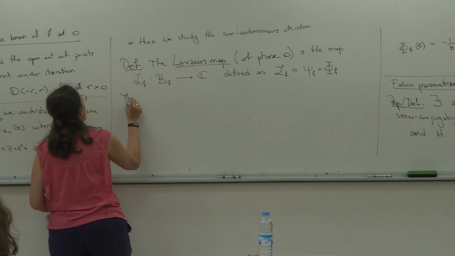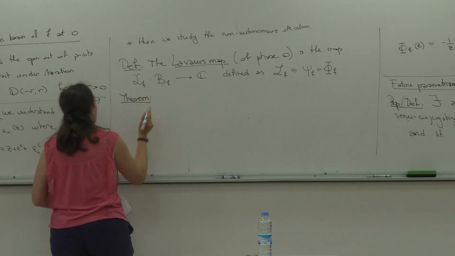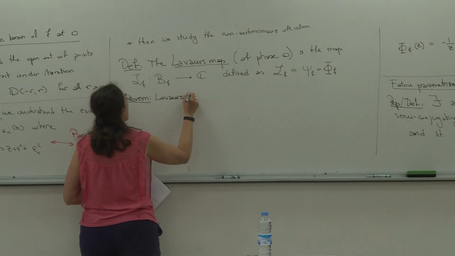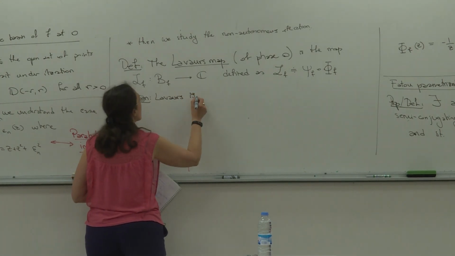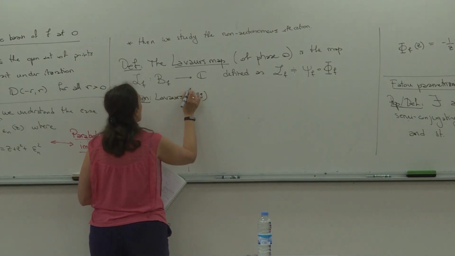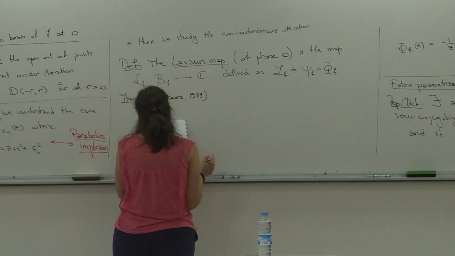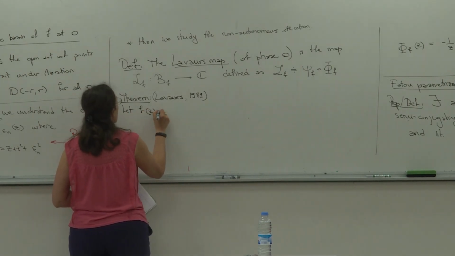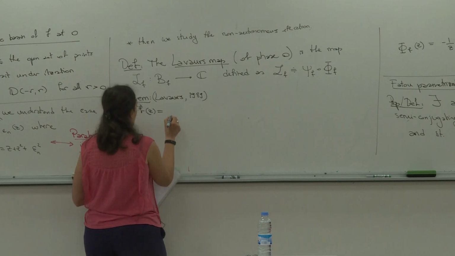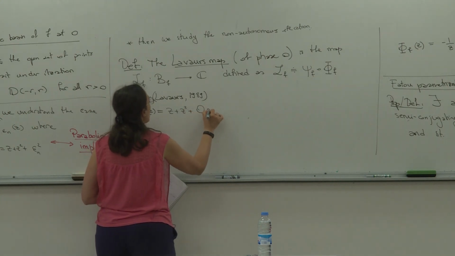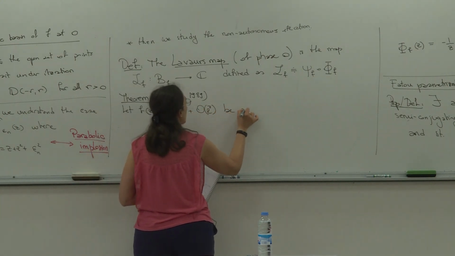So there is a theorem by Lavor's in 1989. And what he says is: let f of z be of the form z plus z squared plus big O of z cubed, a polynomial.